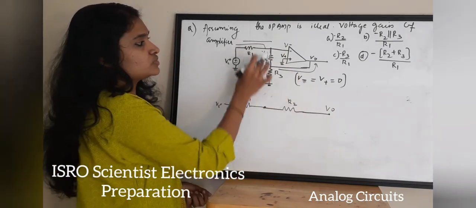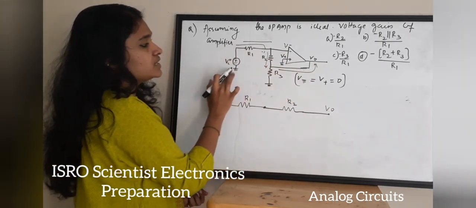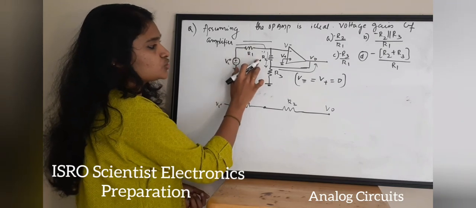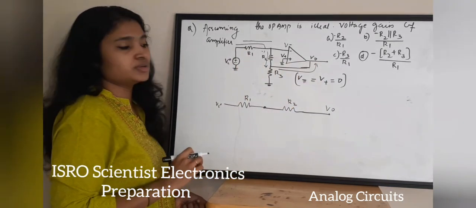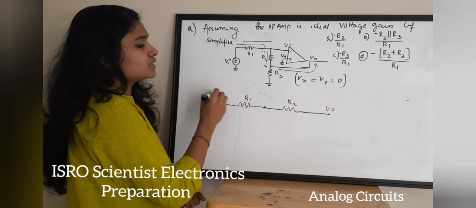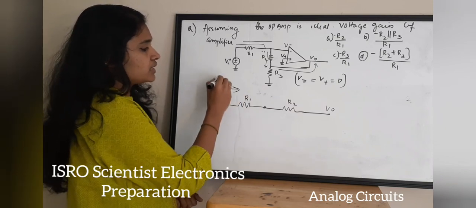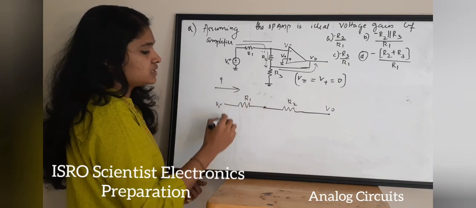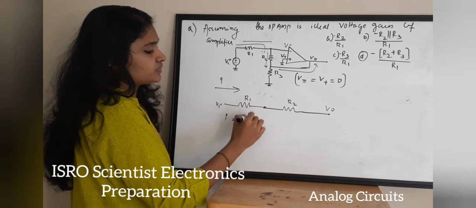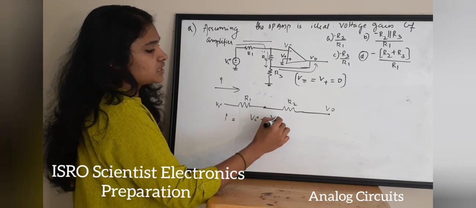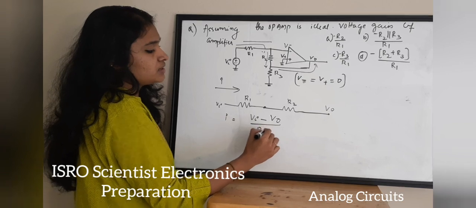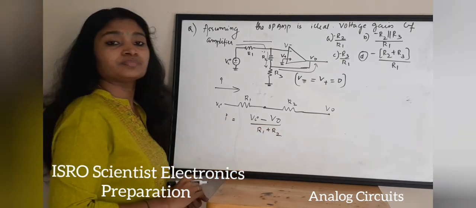If you stretch this path, you will get V in, R1, R2, then V out. Now, what is the equation for current I in this path? Current I is equal to V in minus V out by R1 plus R2, right?